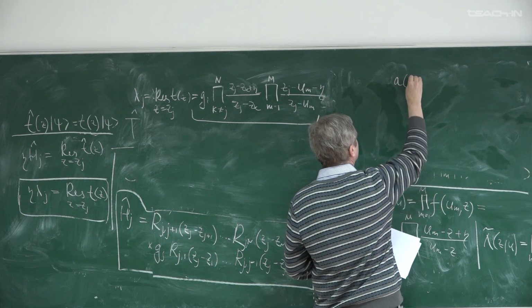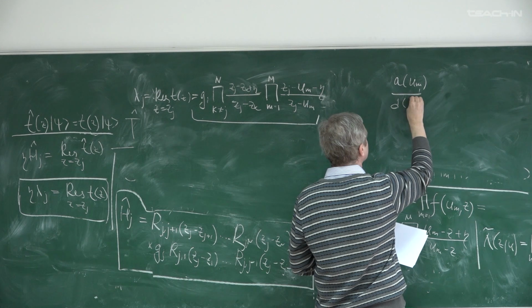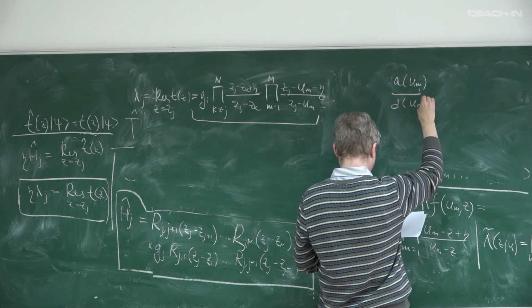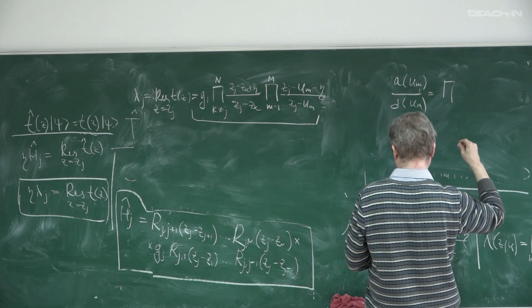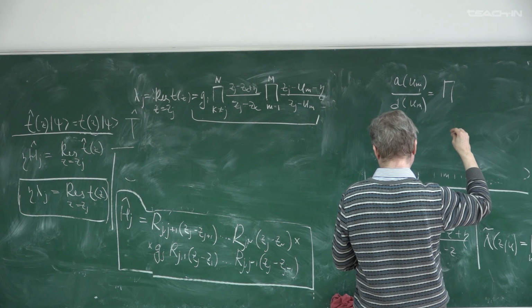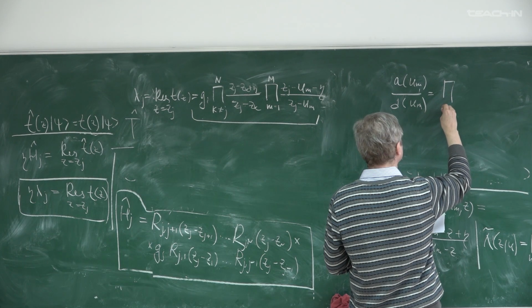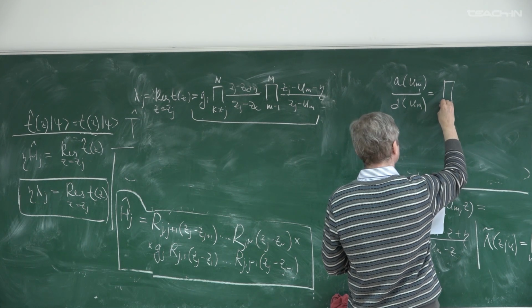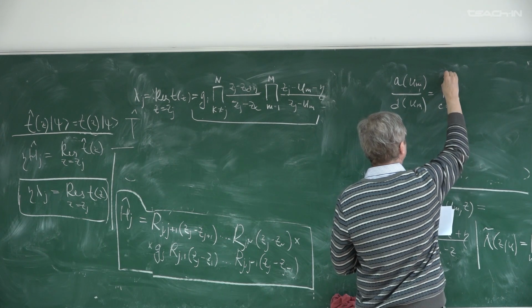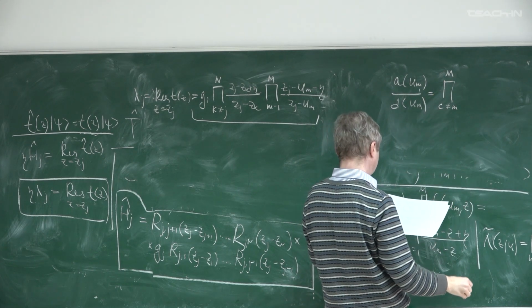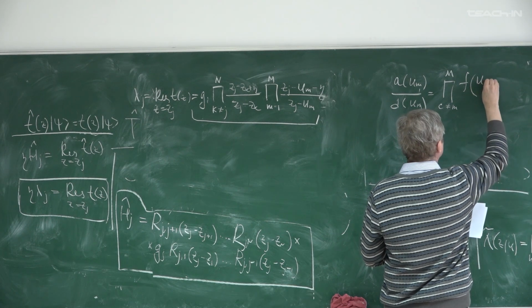This was a of u divided by d of u, and then it was equal to a product over c not equal to m of f of u_m.